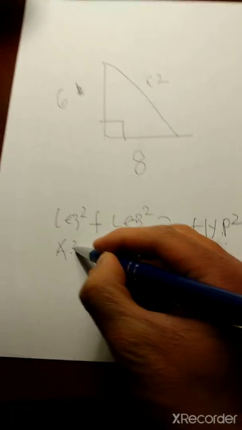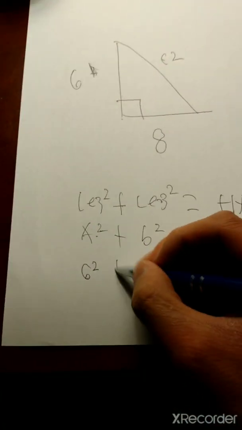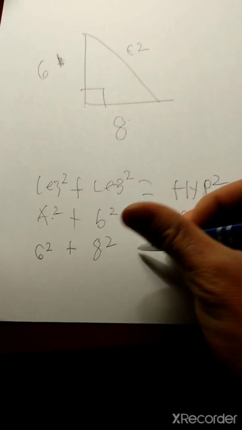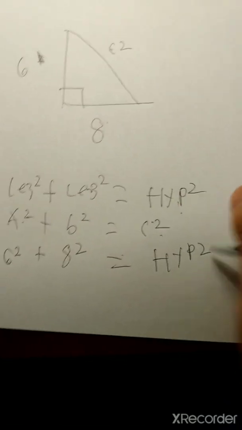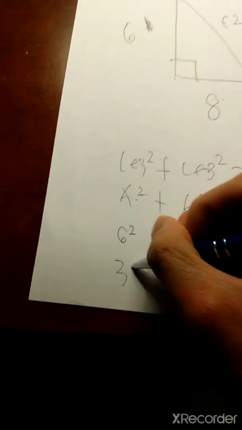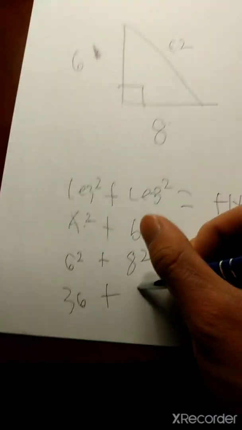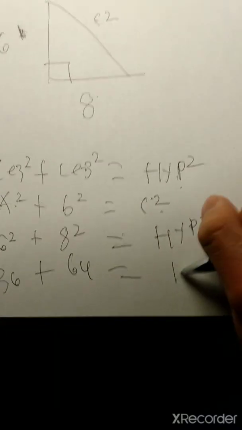So, a squared, that is 6. So 6 squared plus 8 squared, and that is going to equal the hypotenuse squared. 6 times 6 is 36, plus 8 times 8 is 64. 36 plus 64 will equal 100.